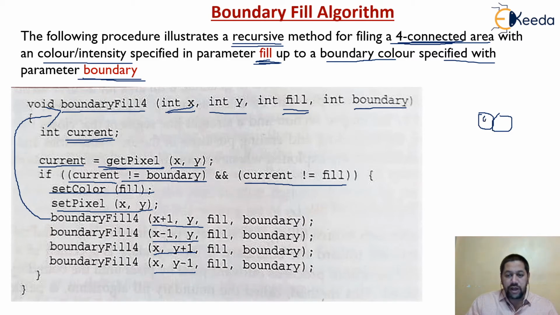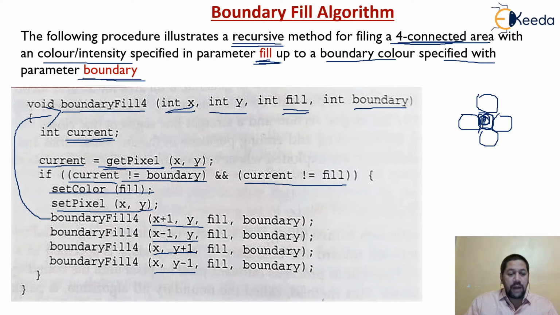This pixel is x comma y plus 1, where y is incremented, and the last remaining neighbor pixel is x comma y minus 1. I pass all these 4 neighboring pixels recursively to the boundary fill algorithm, the recursive function.